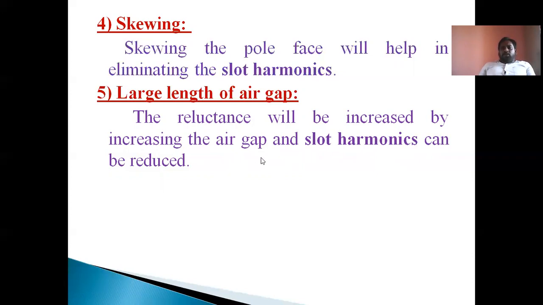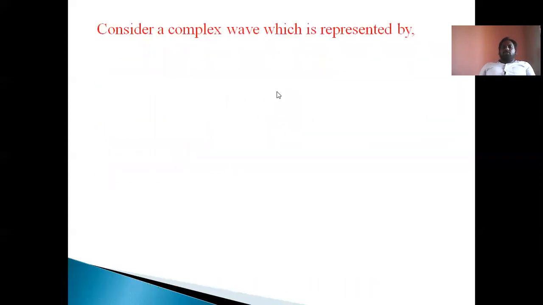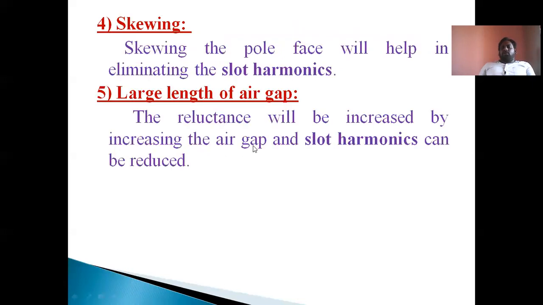Where the air gap can be reduced means at the coils of the slot. Reluctance can be increased, so in a fundamental wave the harmonic waves are not superimposed. Then harmonics are eliminated. So those are the elimination methods of slot harmonics.